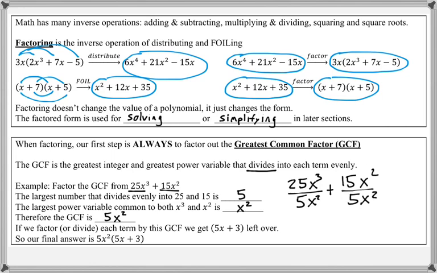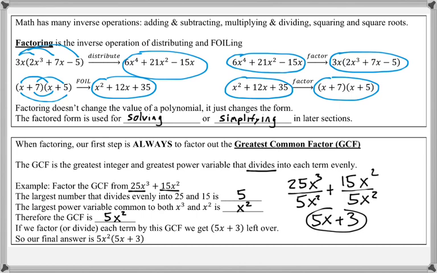So every term we're actually dividing by this GCF. 25 divided by 5 is 5. X cubed divided by x squared, we subtract those, so that is x, or x to the 1. And then 15 divided by 5 is 3. And then the x squareds go away. So this is where we get this.